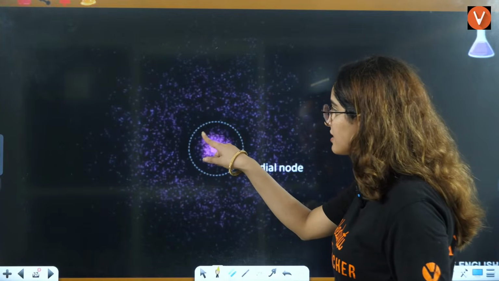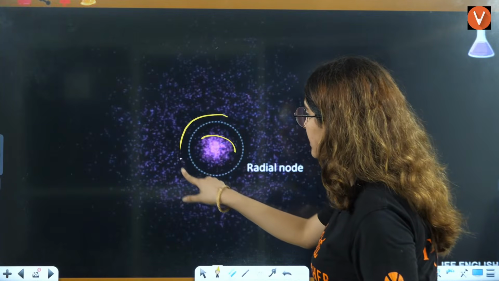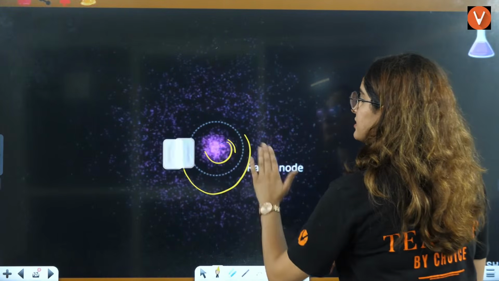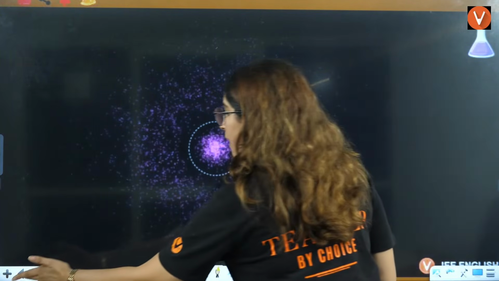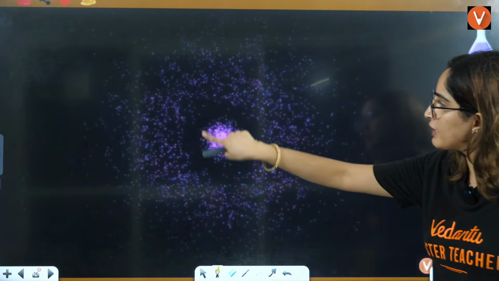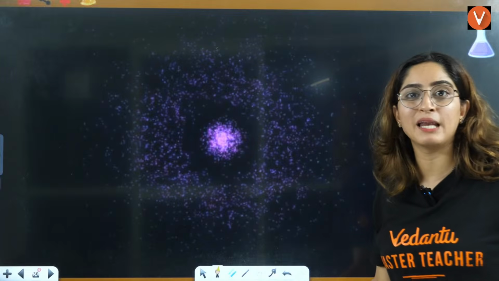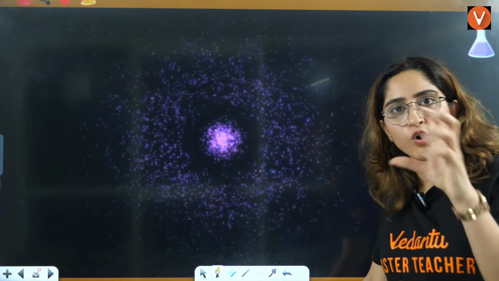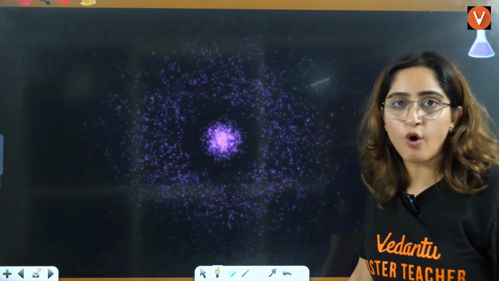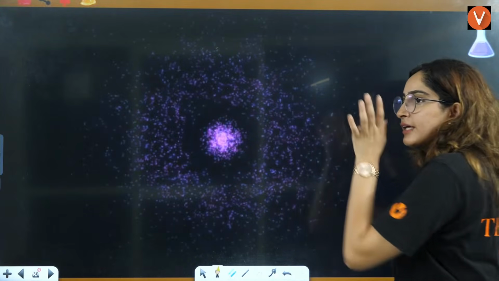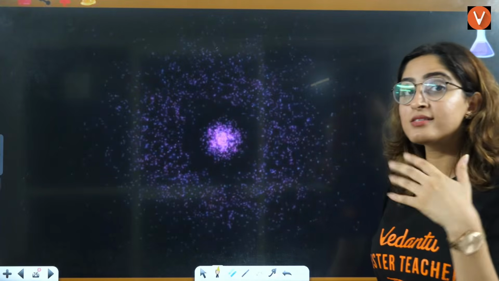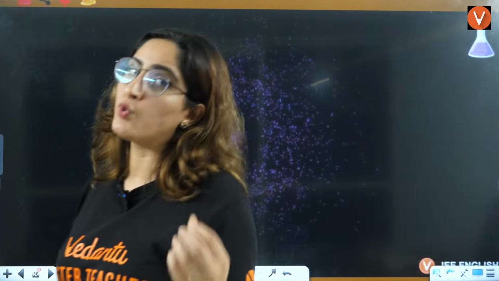Can you see, even without marking it, that this particular area is actually black? There are so many electrons, then one circle where the electrons are not there, then again you have the electrons. The area where you can't see any electrons is called a node.